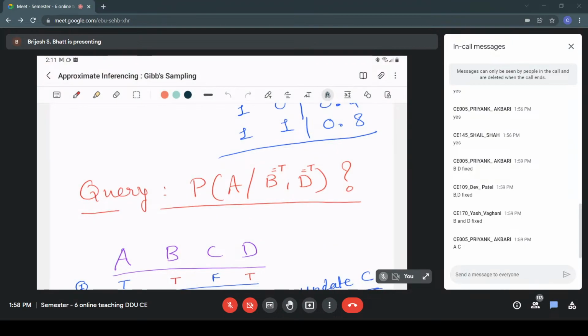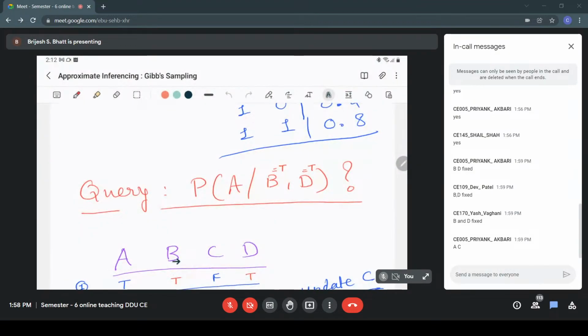So let us first sample A. Now we want to decide value of A. So we are assuming that all other variables are given this value, that is B is equal to true, C is equal to false, and D is equal to true.